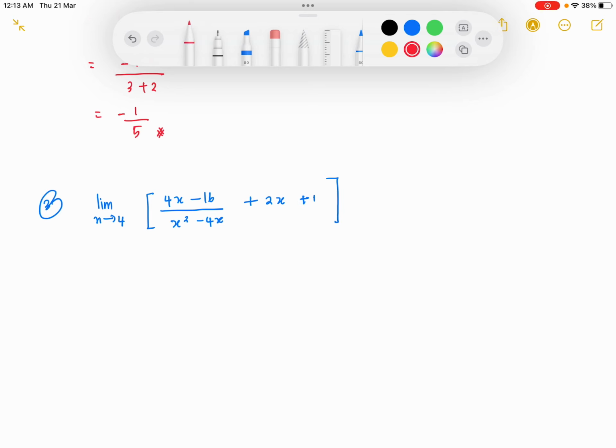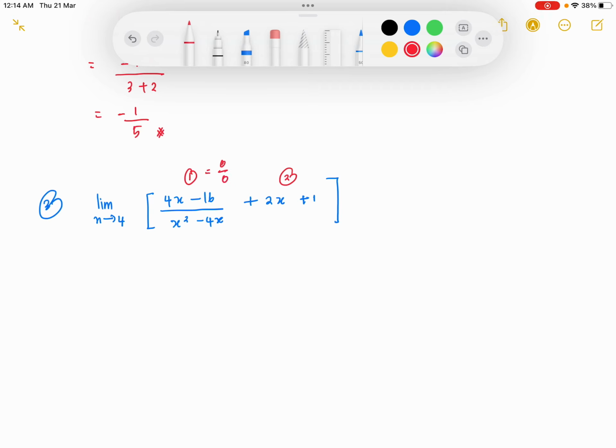For this question, the first function here is a rational function and the second function here is a polynomial, or linear. So when we substitute x equal to 4 in the rational function, we actually get 0 over 0.